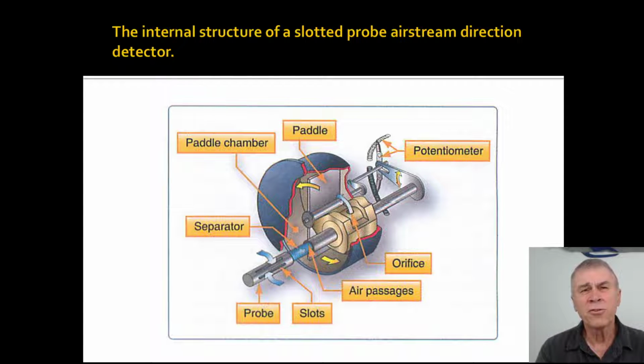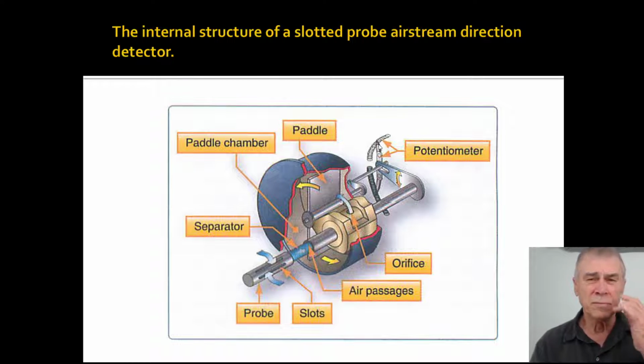The internal structure of a slotted probe airstream direction detector. A little closer look at those paddles. And the actual potentiometer is illustrated here by the coil and a wiper that's pointing to a certain part of the resistor.